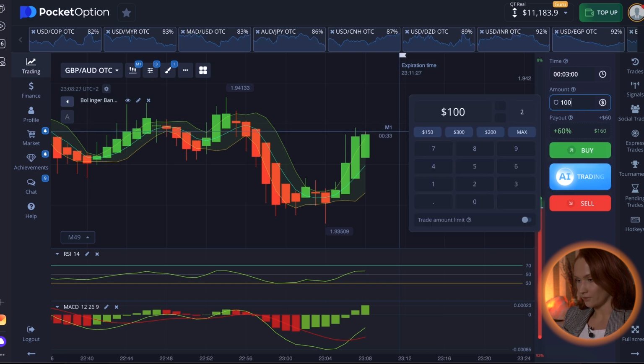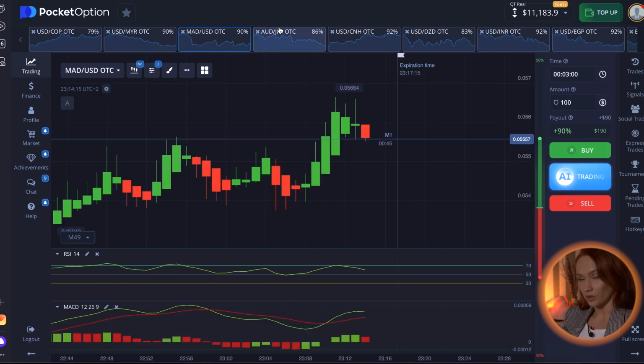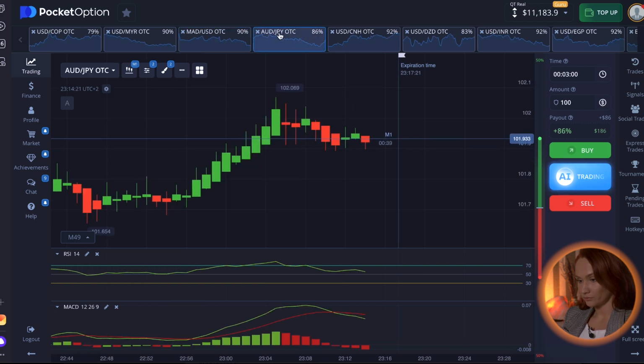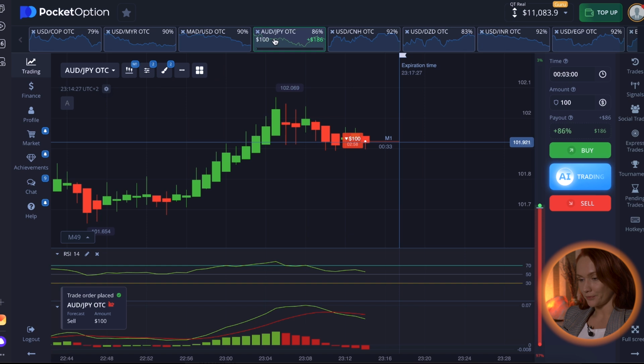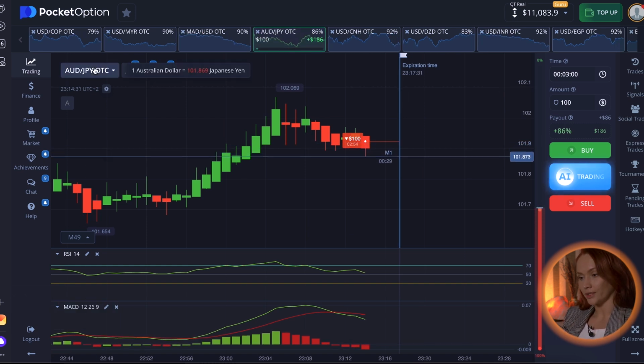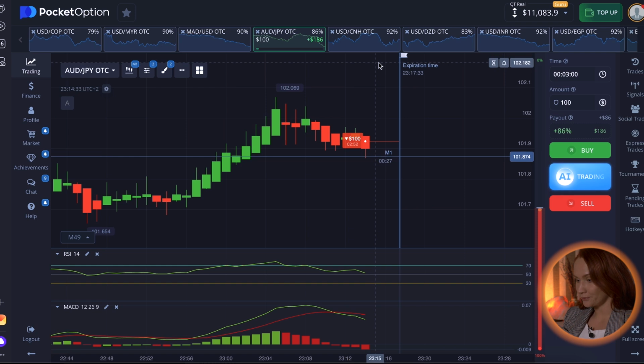Let's set the first deal for $100. So the first currency pair is Australian dollar, Japanese yen.